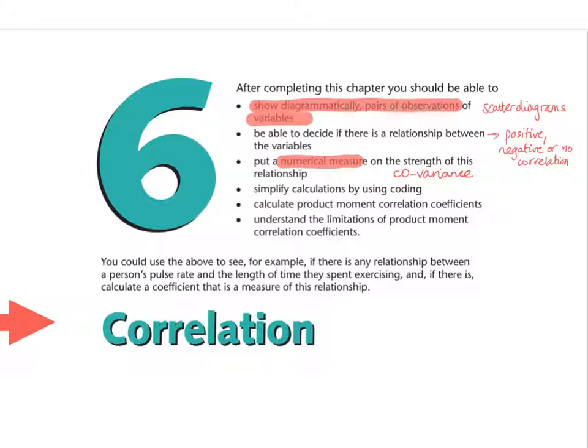It helps back up what the diagram says. Then we've got to be able to use coding as well, and the other important new thing that you'll have is the product moment correlation coefficient, and we just abbreviate that to PMCC. And we've got to be able to interpret that as well.